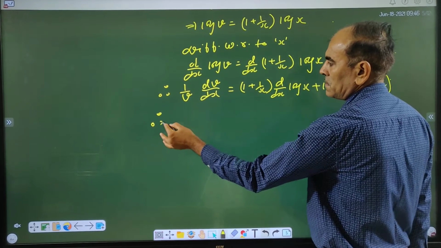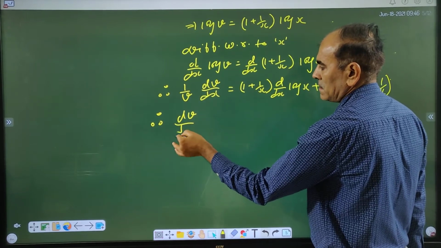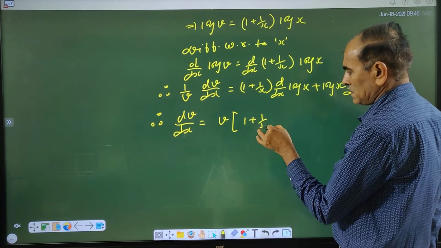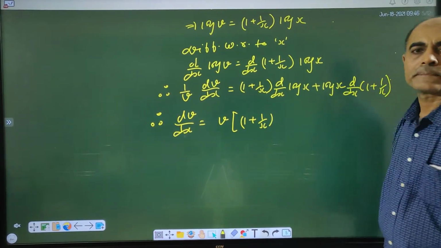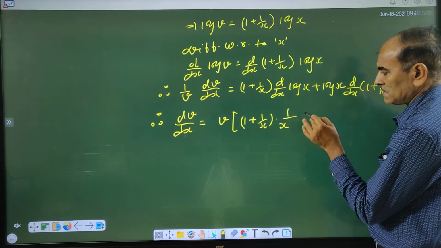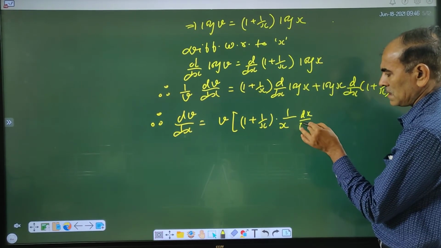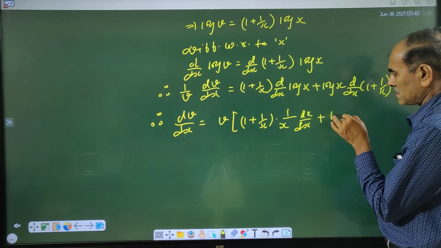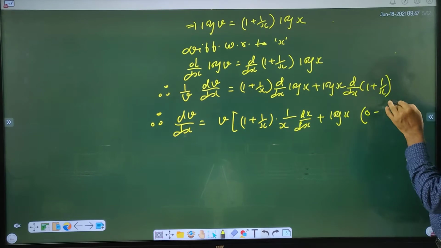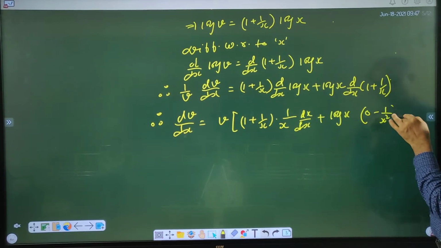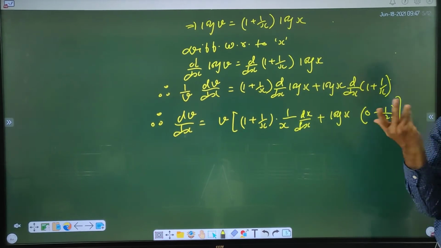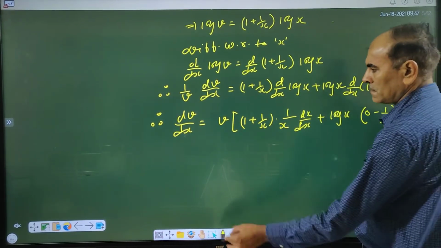And therefore what we get? dv by dx is equal to v, 1 plus 1 by x into the derivative of log x, which is 1 by the function, plus log x as it is, the derivative of 1 by the function is minus 1 by function square into d by dx of the function, that is x, so it comes out 1.